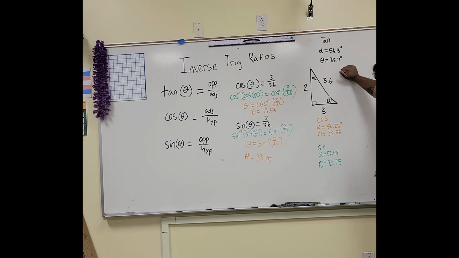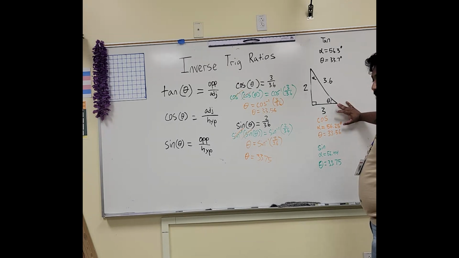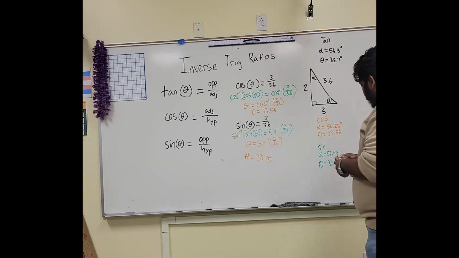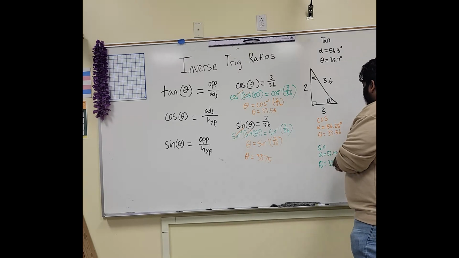It ended up that when we did cosine and we found alpha and did sine and found theta, so we used cosine to find one angle, we used sine to find the other angle, they actually match up perfectly.